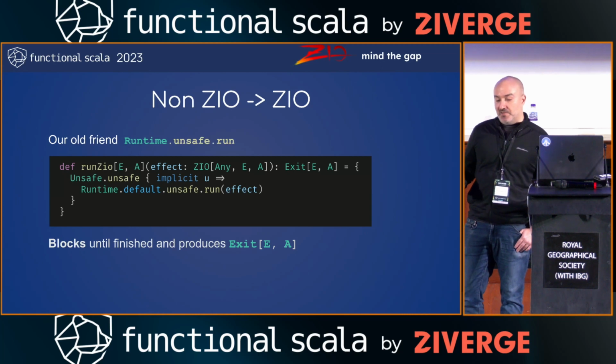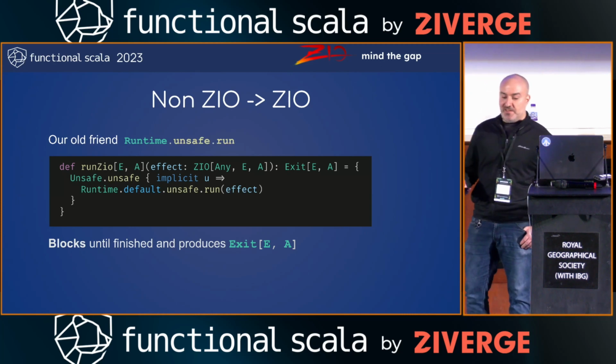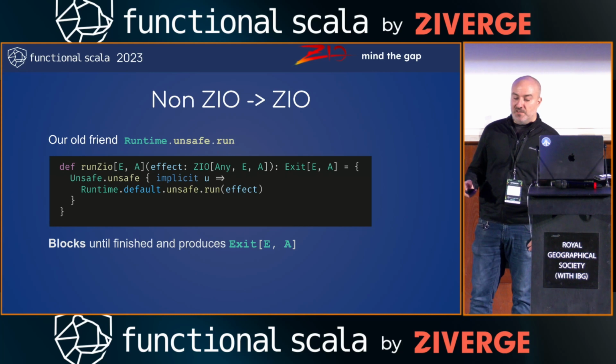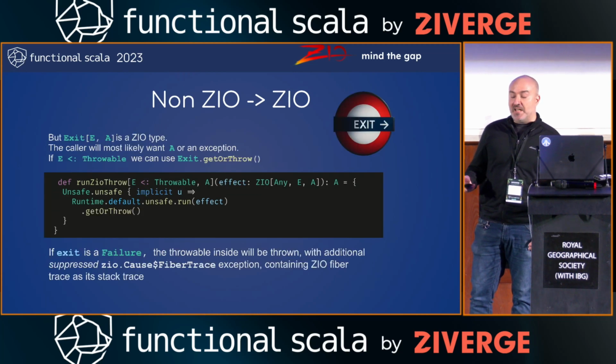And here we come back to our old friend unsafe run that we saw before. It blocks until the ZIO operation is complete, but it produces this exit value that we saw before. But exit is a ZIO type, and the caller will most likely want an A or an exception.